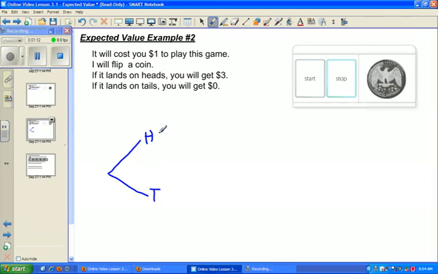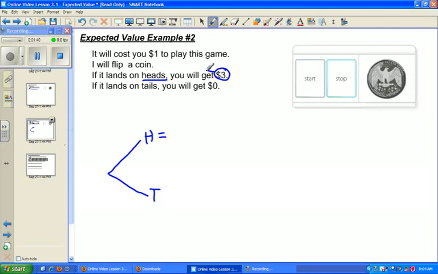And let's look at this. If I flip heads, let's go to the problem. It says if it lands on heads, you will get $3. So the outcome is that you're going to get $3, but I want you to be really, really careful. When you're done playing my game and you go home, you don't really have $3 more than you had before.